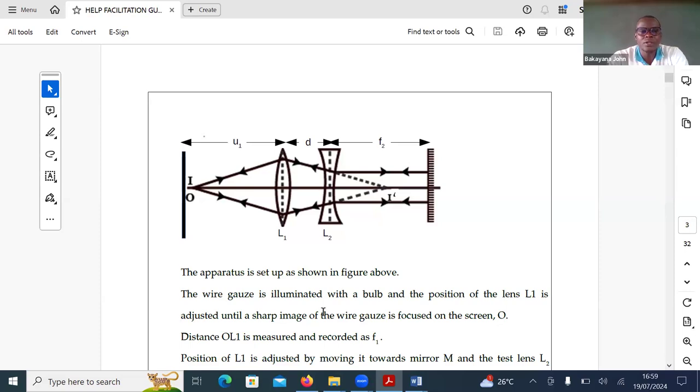So we know that our U is between the screen and the concave lens, and then our V is the distance between L2 and I prime, not so?